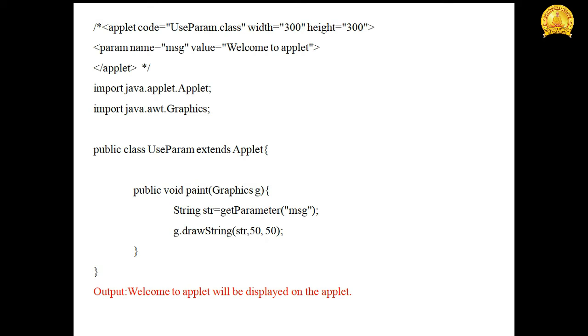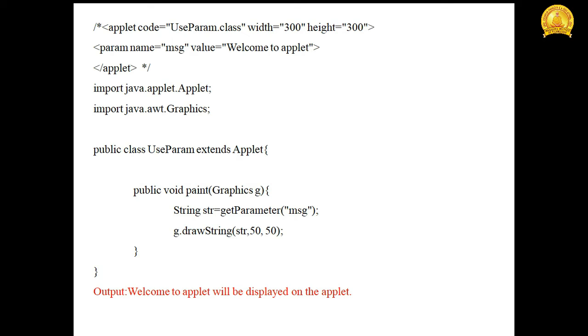If you want, you can close the param tag also. Then I have commented the entire HTML code using /* */, imported the two required packages, then I will create the class.